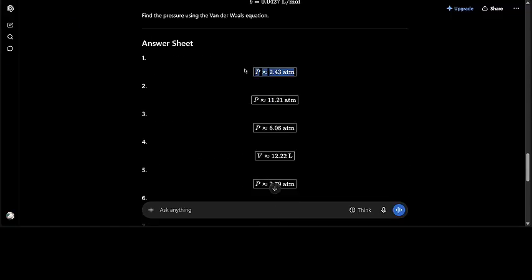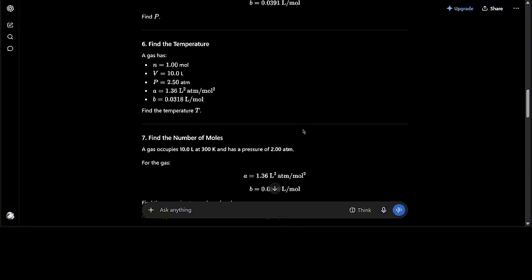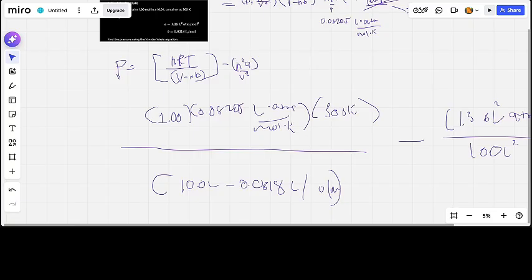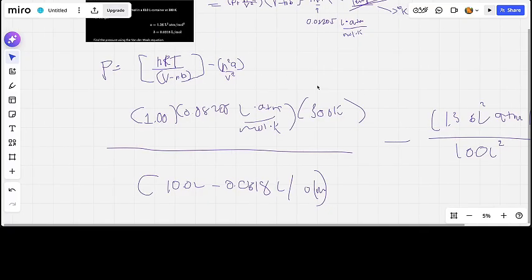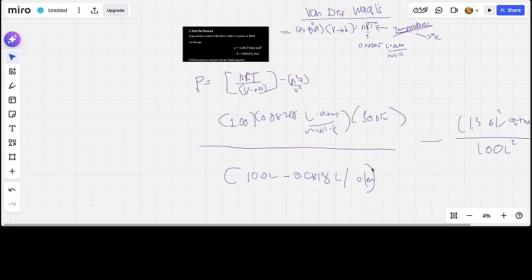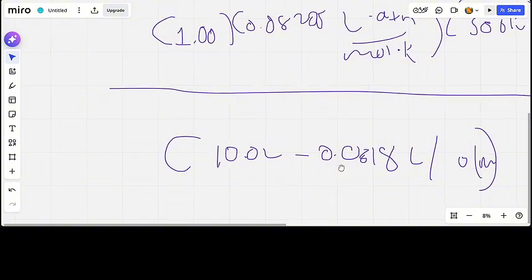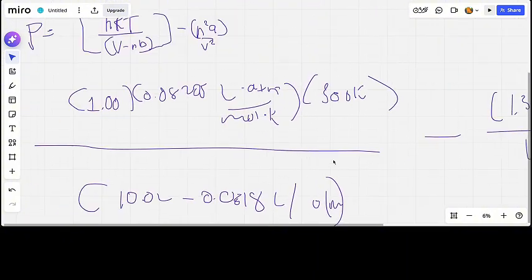Okay, so the answer is supposed to be 2.43, so I'm going to check where I got it wrong. Since it's n times b, I think you're supposed to multiply by the moles.